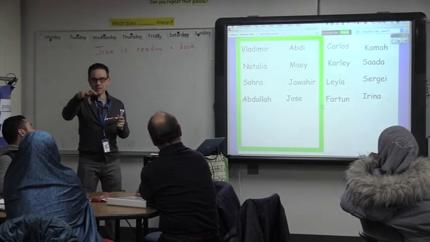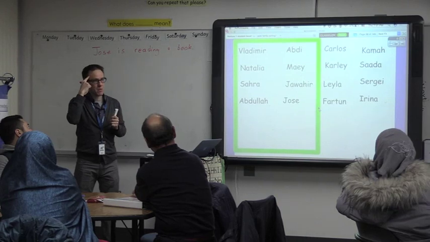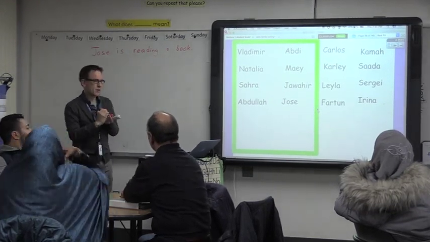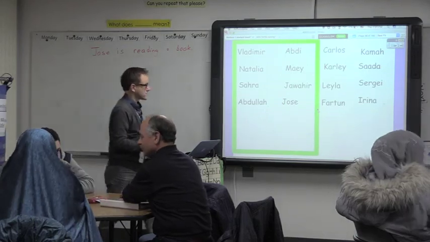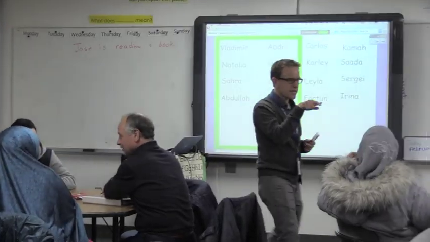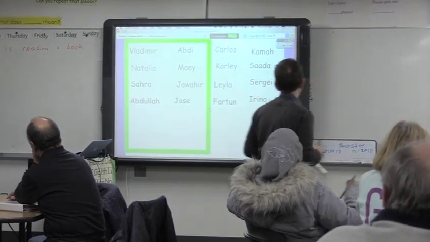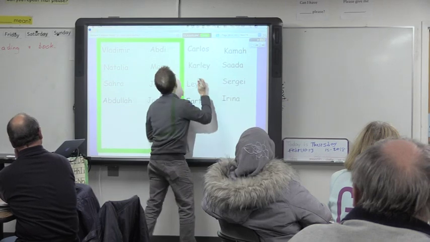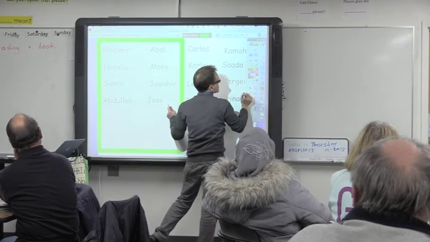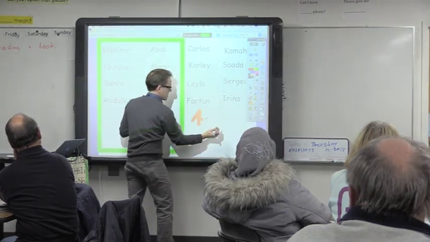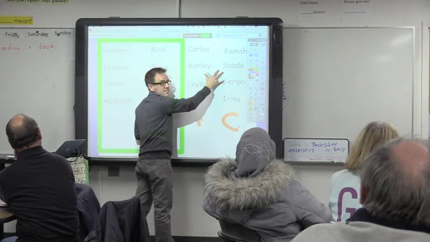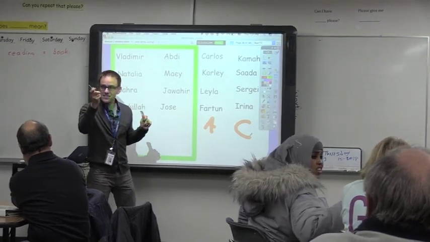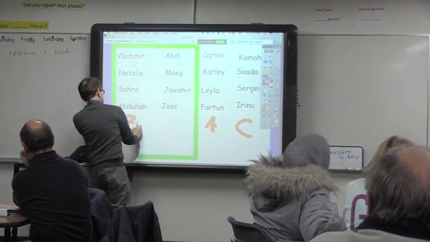I'm going to try to remember everybody, but not everybody. That's too much. So how about group A and group C? Just work on these ones. Group A and group C. Write sentences for these ones. Group B and D. Please write for these ones.